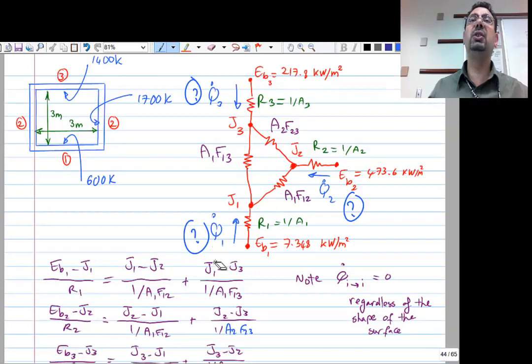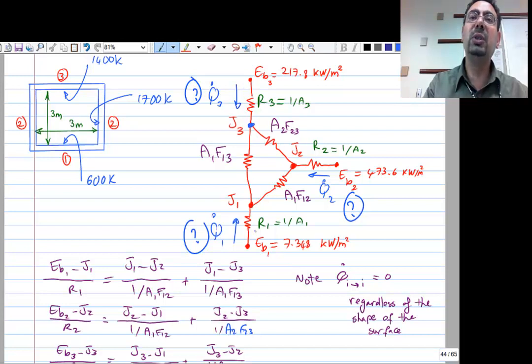And here is the analogy to circuits. If you want to calculate the current coming to the circuit, you write the equation for every node. In this node, he's basically saying that the current coming here, or the heat transfer coming here, is going to be split.